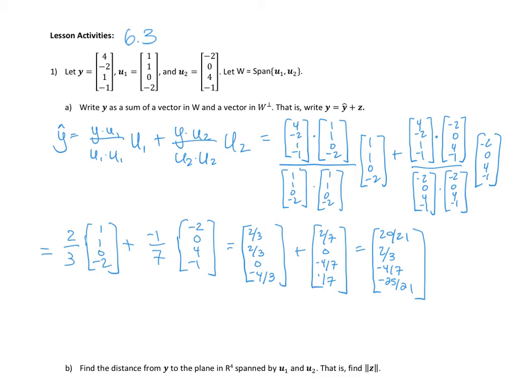Now I have to write y as y hat plus a z. So my original y was 4, negative 2, 1, negative 1. I've now calculated y hat to be this hideous vector with fractions in it.